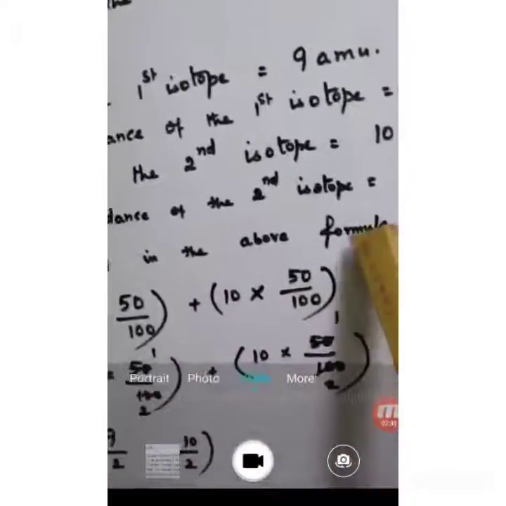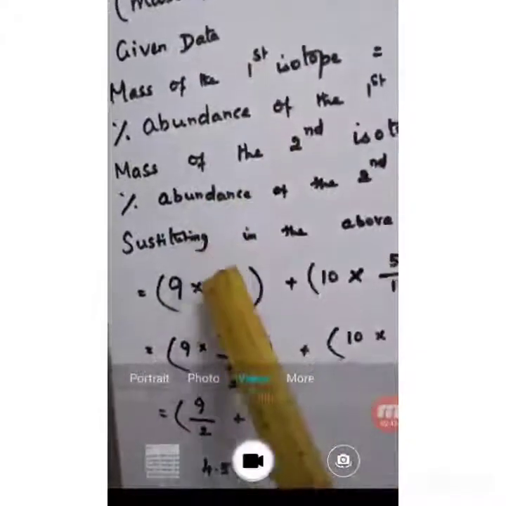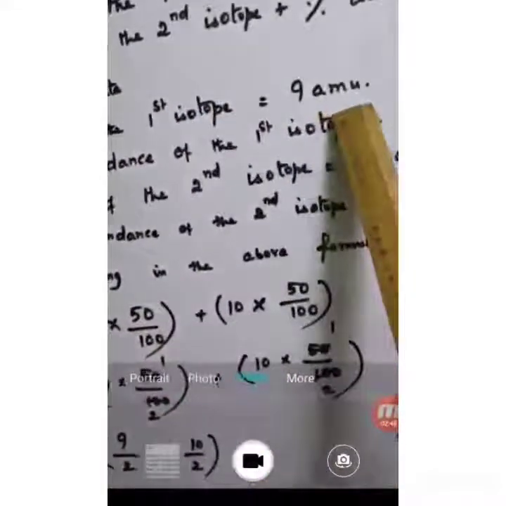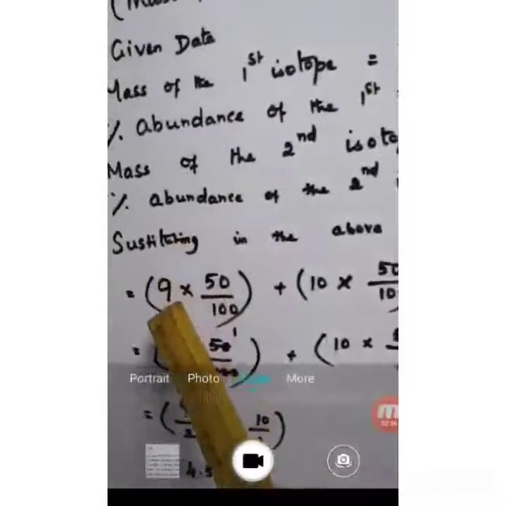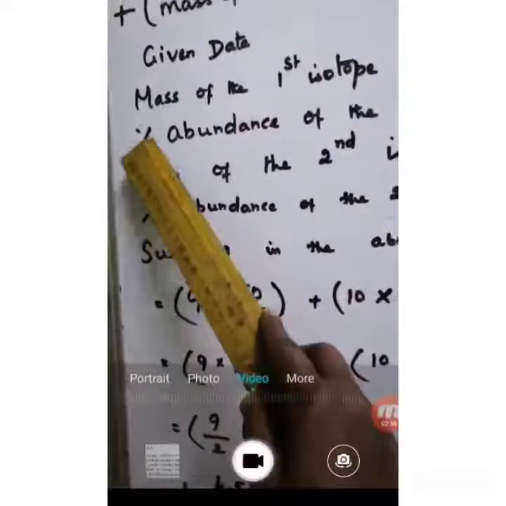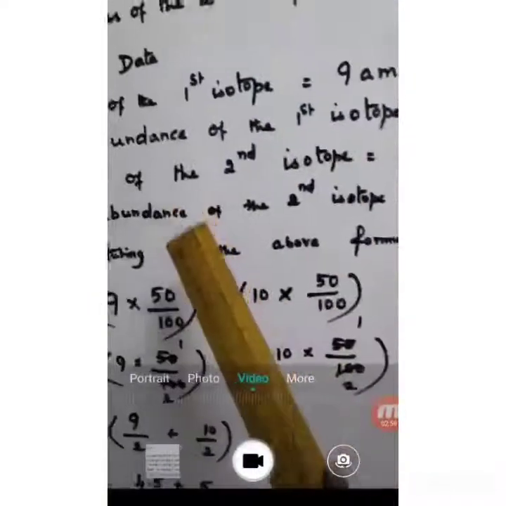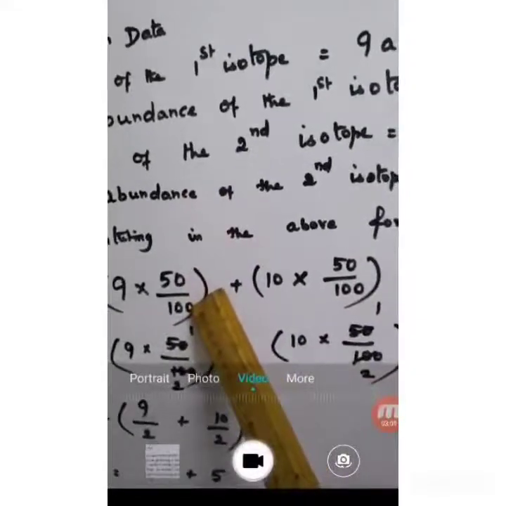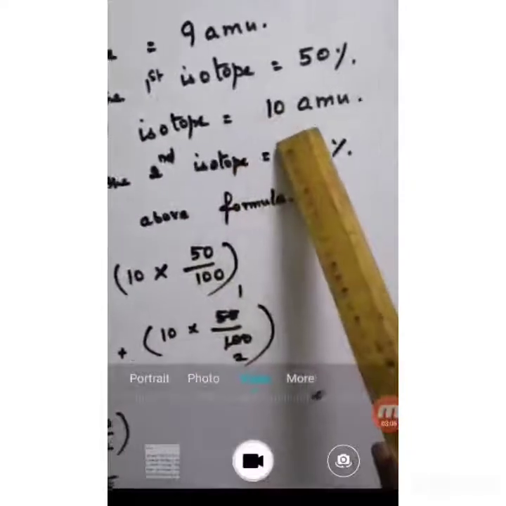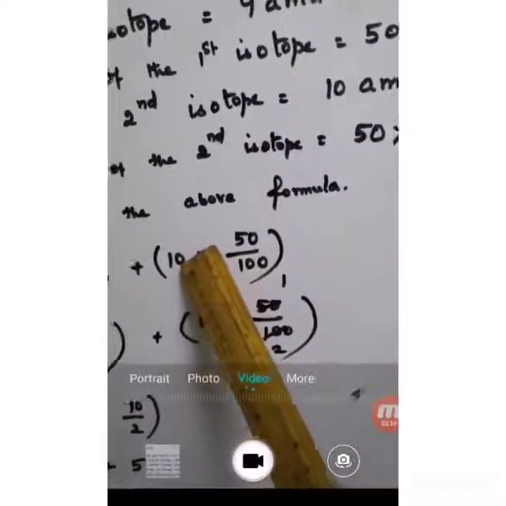Substituting in the above formula, see, this is the formula, we are substituting it. So, what is the mass of the first isotope? 9 atomic mass unit. So, I am substituting here, since it is percentage abundance, 50% it is given, I have written 50 divided by 100, plus mass of the second isotope, what it is given? 10 atomic mass unit.